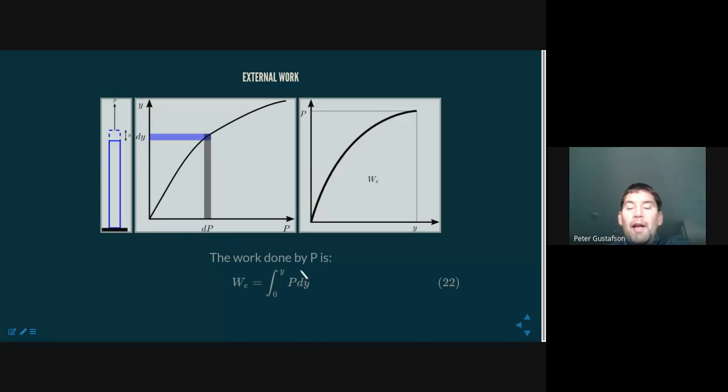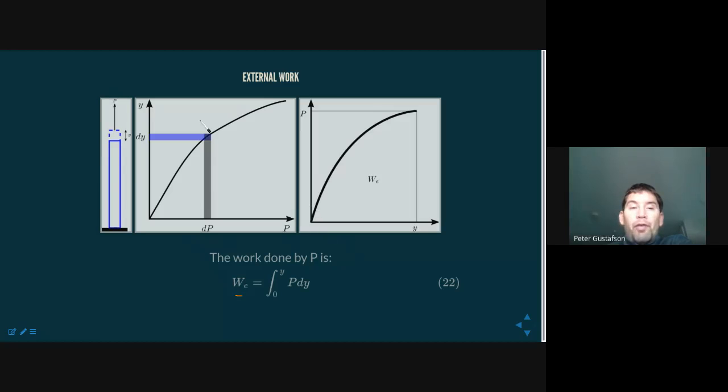I have to be a little careful. I made the mistake here. In this case, P is not constant. It depends on how far you've pulled it, right? So I misspoke. It is not a constant force. It's obviously now a function of the displacement. So the total work is equal to the integral of the force at every increment, integrated through the increments from 0 to y.